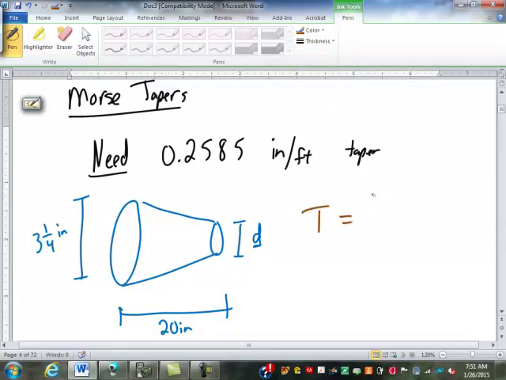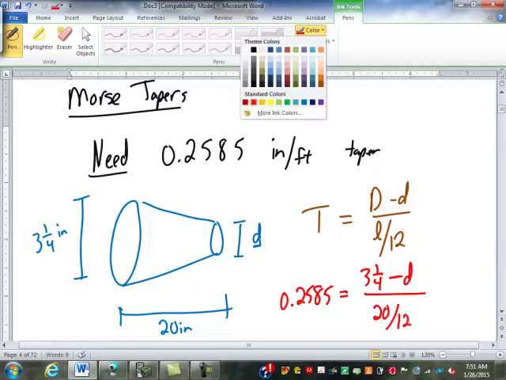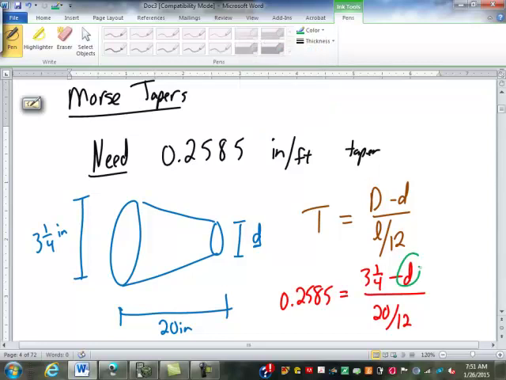So now in this case, we look at our formula, and we're going to plug in what we know. We know T is 0.2585. We know that big D is 3 1/4. We do not know little d. That's what we're looking for here. L is 20.